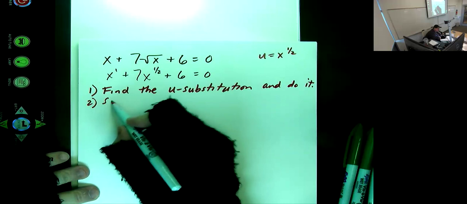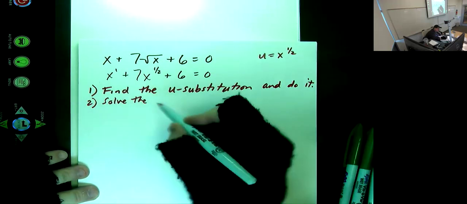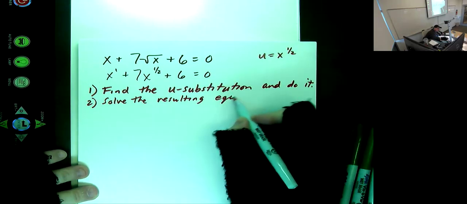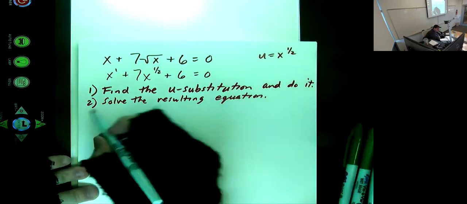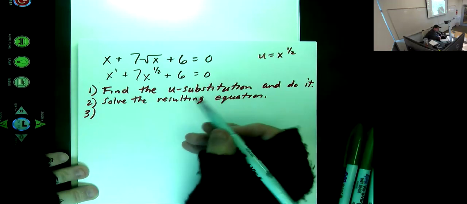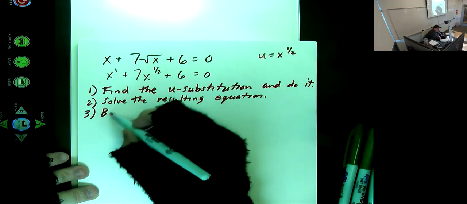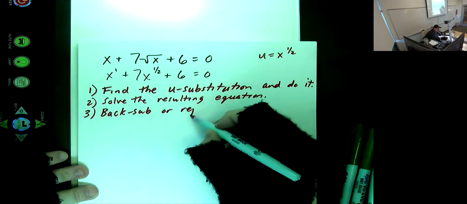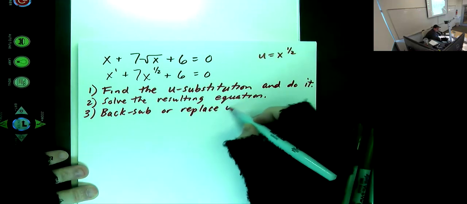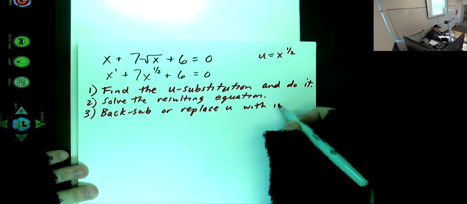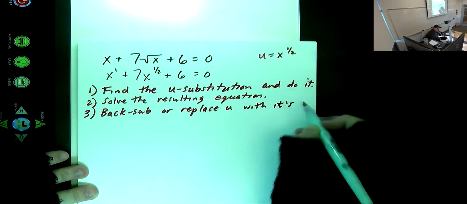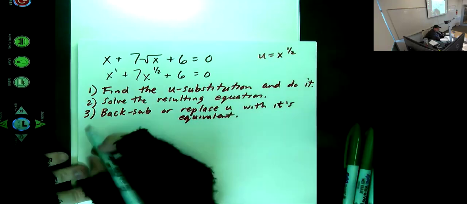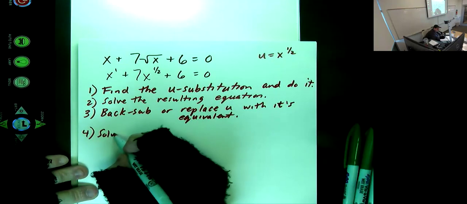Step 2: solve the resulting equation like we did. Step 3: back-substitute, or replace u with its equivalent, so that you can solve for the original variable.